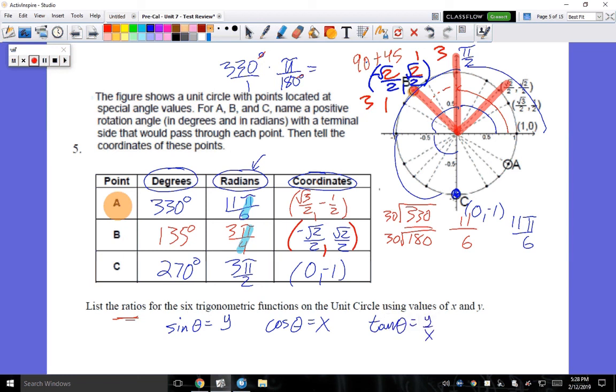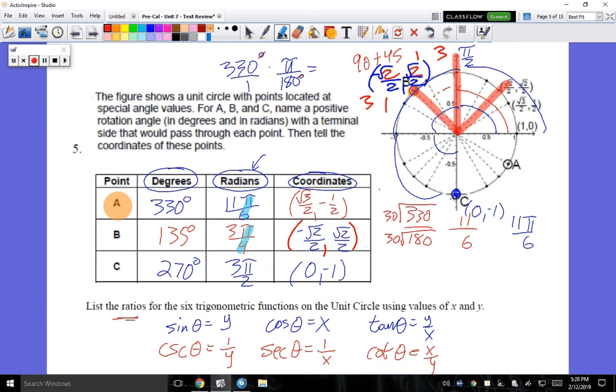And now we're going to say that the flip of sine, which is cosecant, is 1 over y. Okay? The flip of cosine is secant, which is 1 over x, otherwise the reciprocal of x. And then cotangent would be x over y.